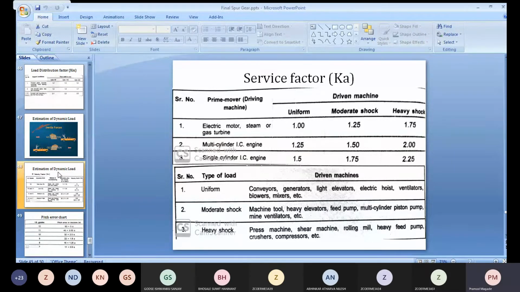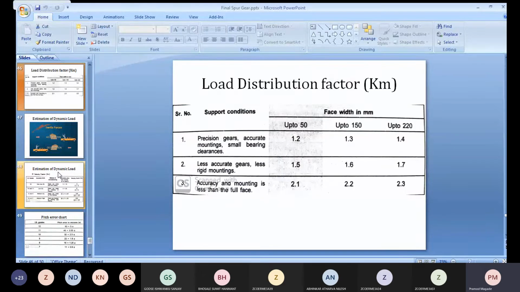Okay, this is for Ka, service factor. Now we'll see about the load distribution factor, that is Km. It again depends on dimensions, generally the face width, small b. On the basis of that, we'll have to select the condition. You can see precision gears, accurate mountings, small bearing clearance.